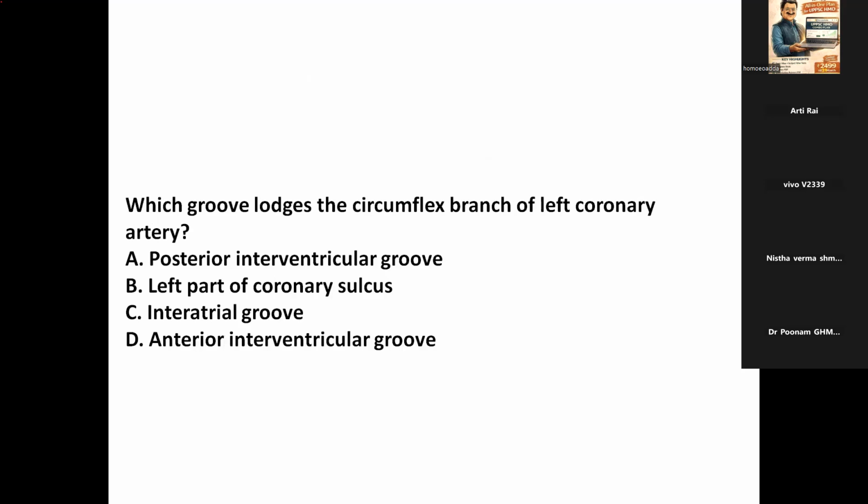Which groove lodges the circumflex branch of the left coronary artery? B, the left part of the coronary sulcus.